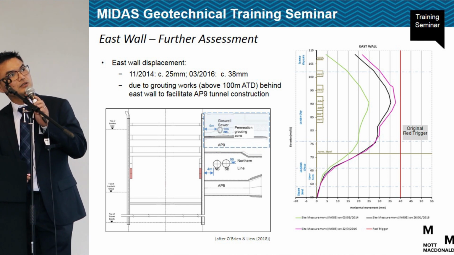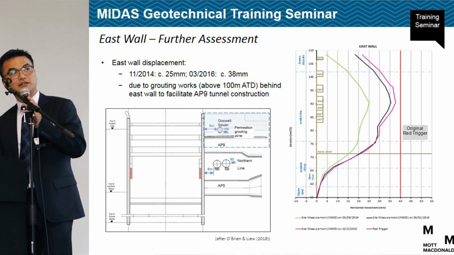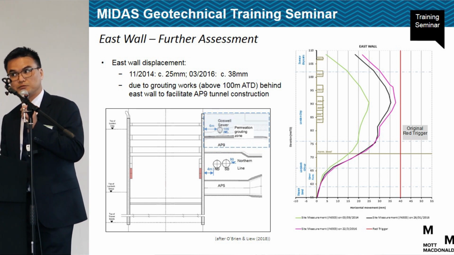As you can see here, there are SCL works going on here, and this is the AP9. And this is the Northern Line, about 4 meters away. This is the east wall. As you can see in the figure on the right, the east wall movement is approaching 40. This was of great concern at that time because the red trigger limit was going to be breached.